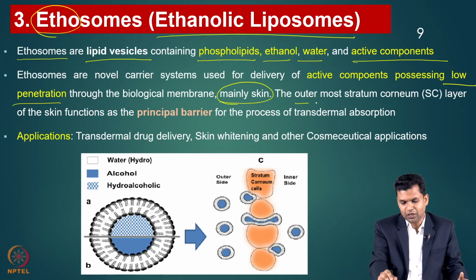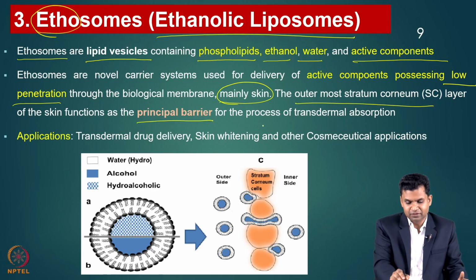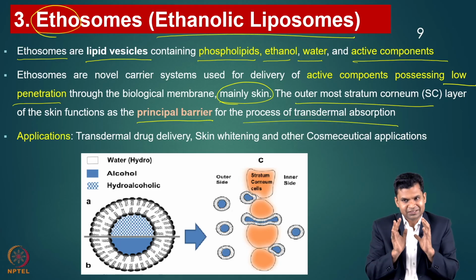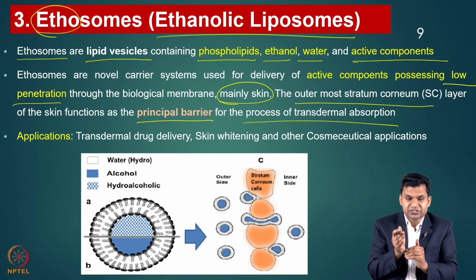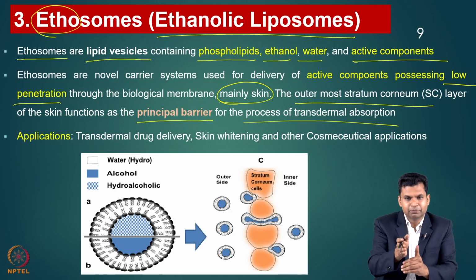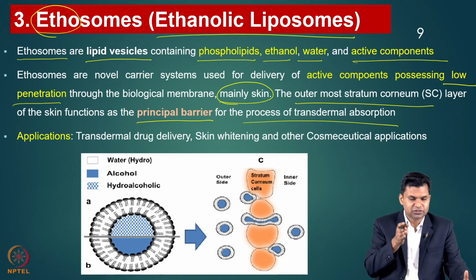We know that the outermost stratum corneum layer of the skin functions as a principal barrier for transdermal absorption. If your drug is suffering with any type of penetration and permeability problem, in such cases we have to use some penetration enhancers, so that your penetration enhancer will help to pass your drug molecules or some formulations through the cells.